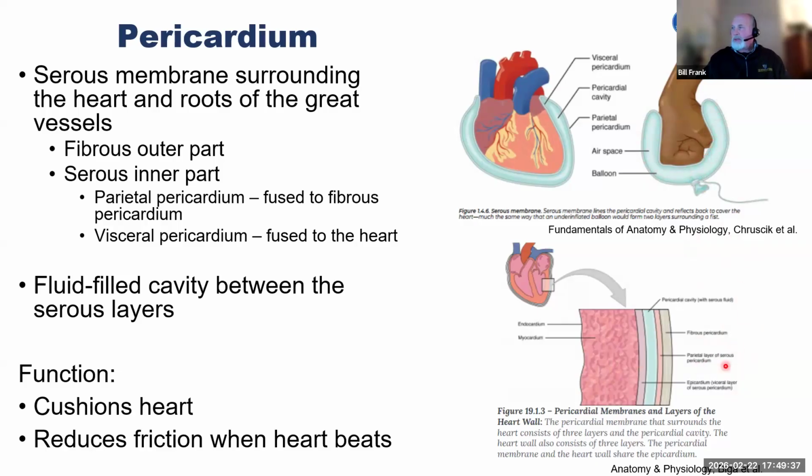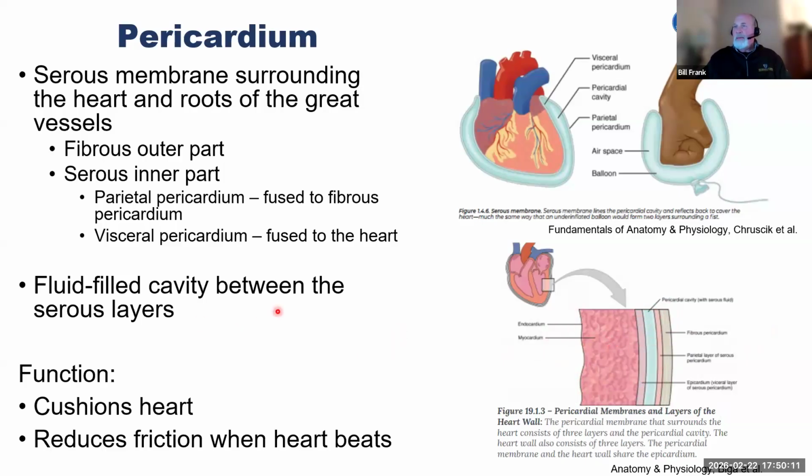So when we look down here at the cross section, we can see from external to internal. So this is the heart cavity. We'll see the fibrous pericardium. Just internally, it will be the serous parietal pericardium, then the pericardial cavity or sac, and then the epicardium or the serous visceral pericardium right next to the myocardium, and the lining on the internal part of the heart is called the endocardium.